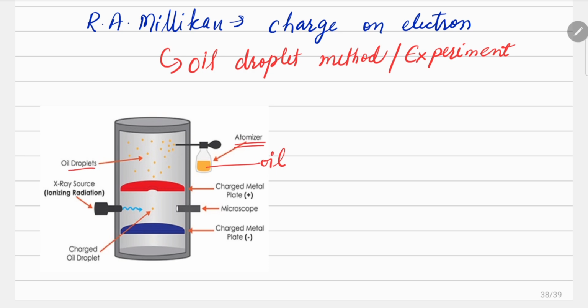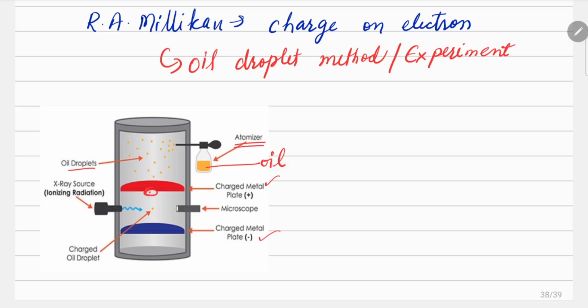It was a cylindrical container, obviously, so it had two charged metal plates. One was a positively charged metal plate on the top, and near the bottom of this container there was a negatively charged plate. Now this positively charged plate had a very small hole in the center, and he let the oil droplets go through this small hole.